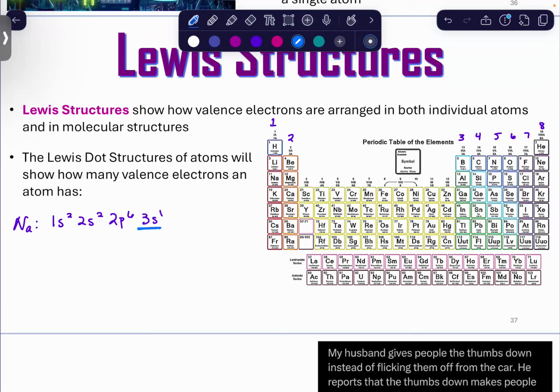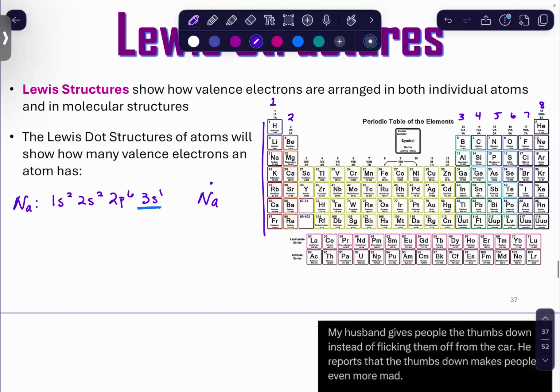And there's the 1 electron. So our Lewis dot structure for sodium is going to be that, where we just put the 1 dot on there to represent the 1 valence electron. And then every atom in column 1 will have the same kind of dot structure.